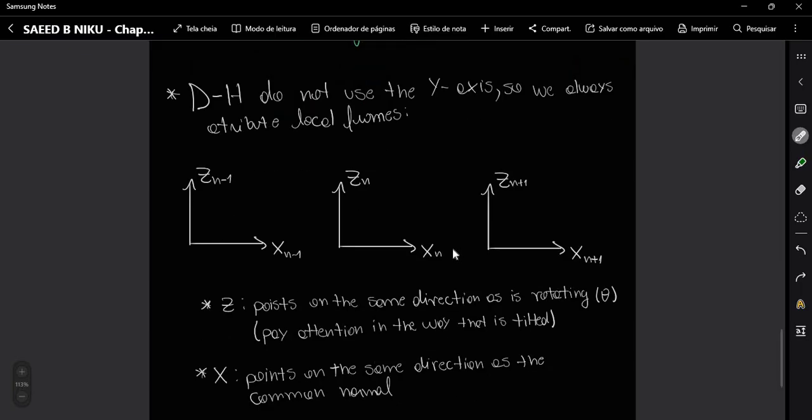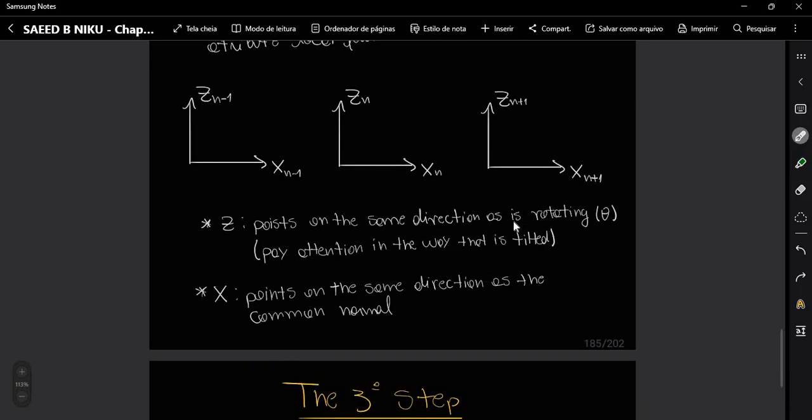And again, the more we pass through this explanation, the more we fix it, and when we are about to solve the examples, it is well explained. Okay, so DH does not use the y-axis, again, as you can see right here. So we always attribute local frames. Z points in the same direction as its rotation axis.